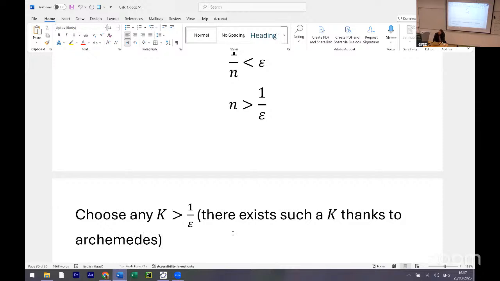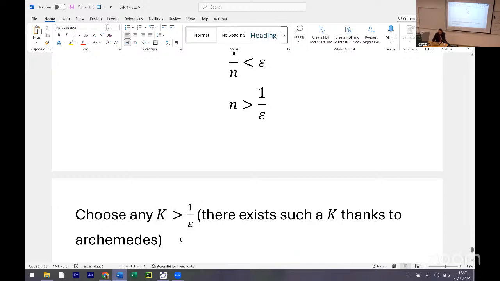I think I said once in the lectures that the fact that every real number has a natural number which is larger than it is called Archimedes' law, which is true. We just assume it. In a test, you don't have to write thanks to Archimedes. Just write, choose any k larger than 1 over epsilon. Obviously there is such a number.